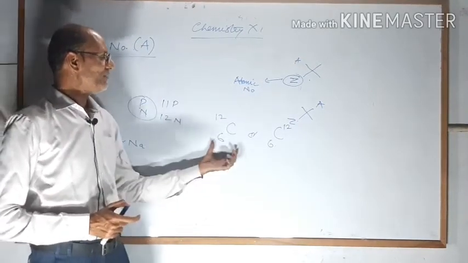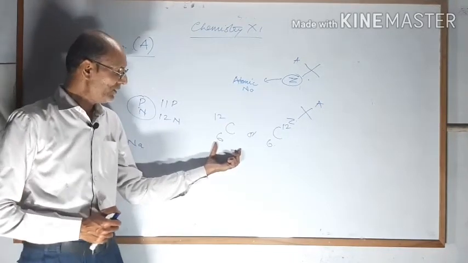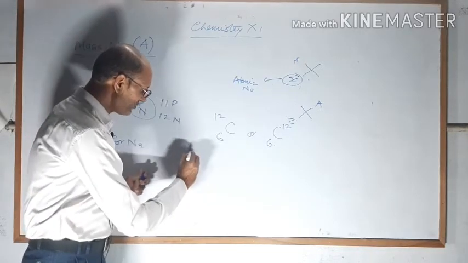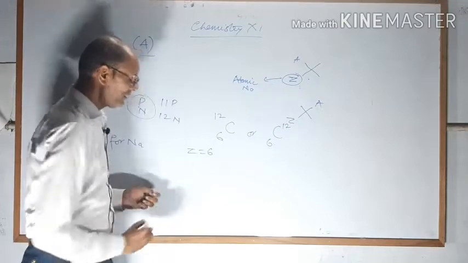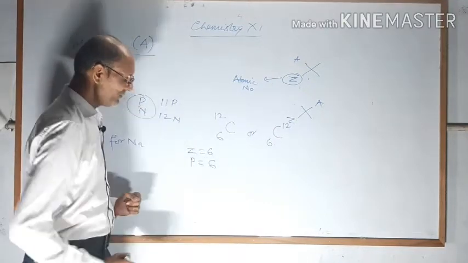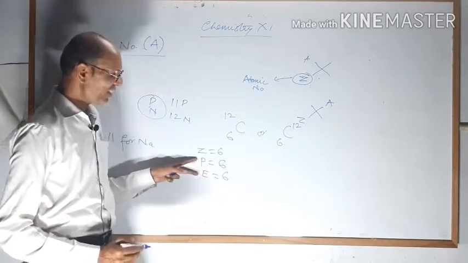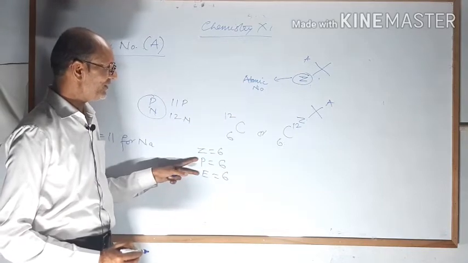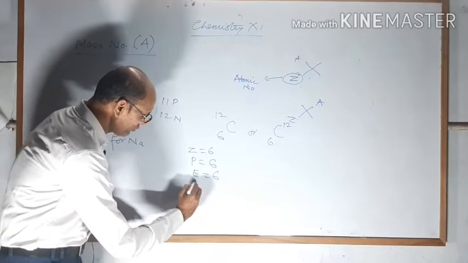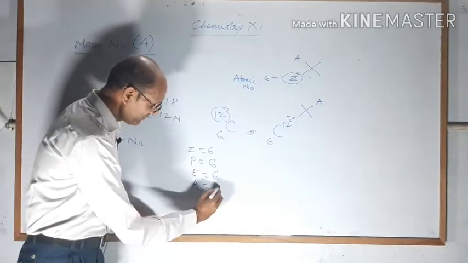So from this representation you can find the number of protons, number of electrons and number of neutrons. You are seeing this is the atomic number, that means Z equals 6. So the number of protons will be equal to 6. The number of electrons will be equal to 6, because the number of protons and electrons will always be the same in a neutral atom. Now the mass number, that is A, is 12.